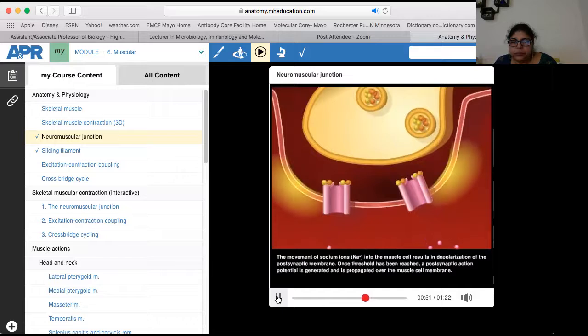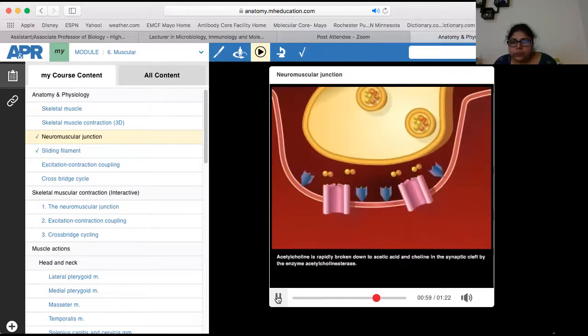Once threshold has been reached, a postsynaptic action potential is generated and is propagated over the muscle cell membrane. Acetylcholine is rapidly broken down to acetic acid and choline in the synaptic cleft by the enzyme acetylcholinesterase. The choline is reabsorbed by the presynaptic terminal and combined with acetic acid to form more acetylcholine, which enters the synaptic vesicles.